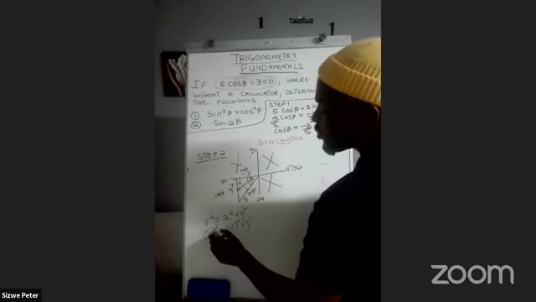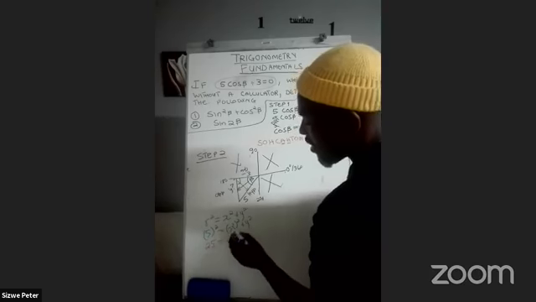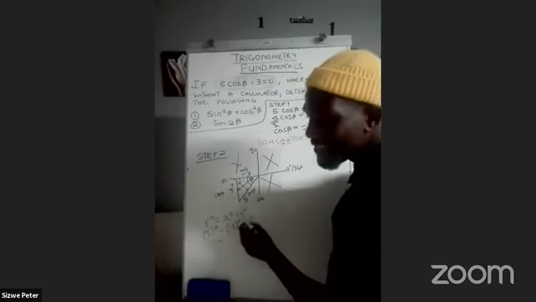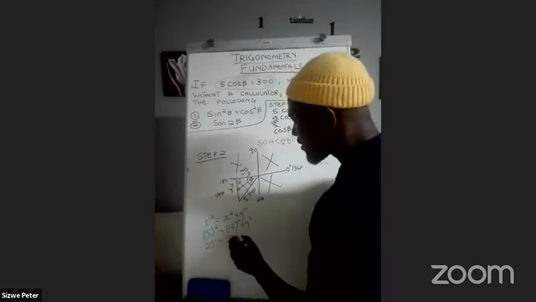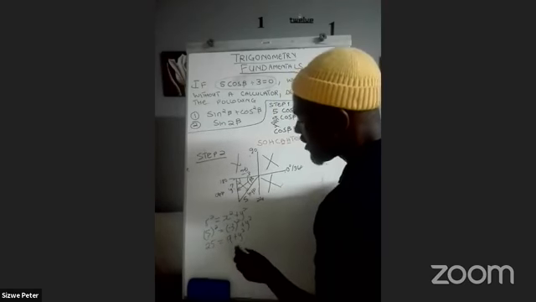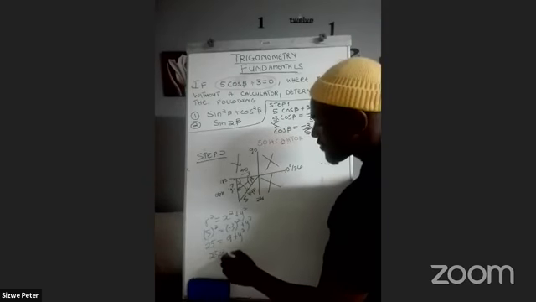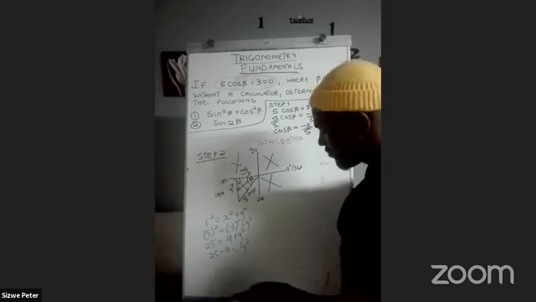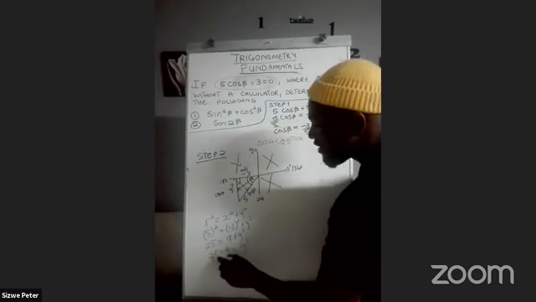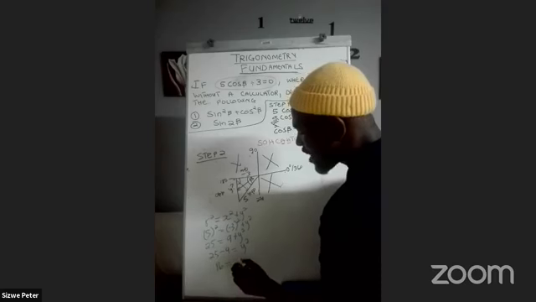5 squared is 5 times 5, it is 25. Minus 3 all squared is minus 3 times minus 3, which is plus 9. Then you must take 9 to the other side, it becomes negative. So y squared is 25 minus 9, which is 16.